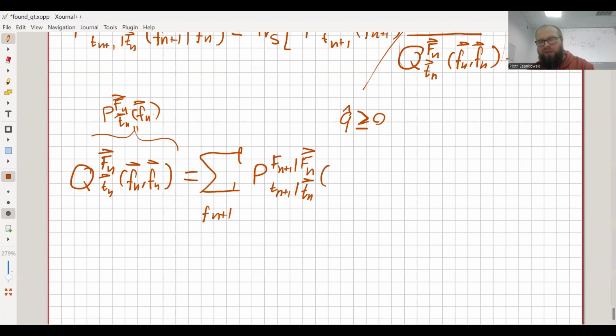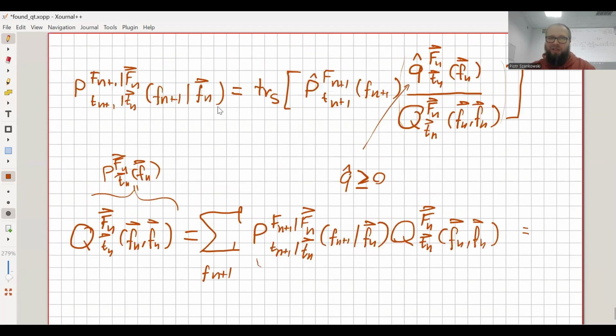Soon I will switch to PDF, so don't fret. Times Q, and so this thing here, yeah. So now I can use my Hilbert space representation.